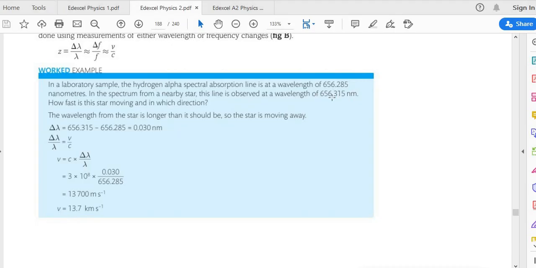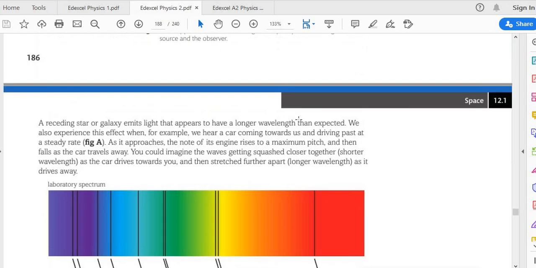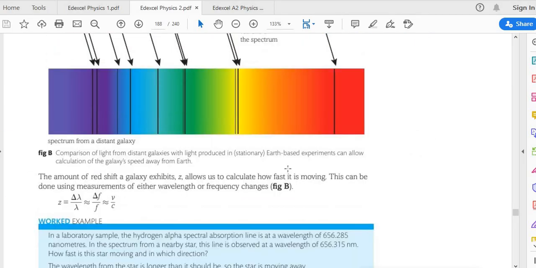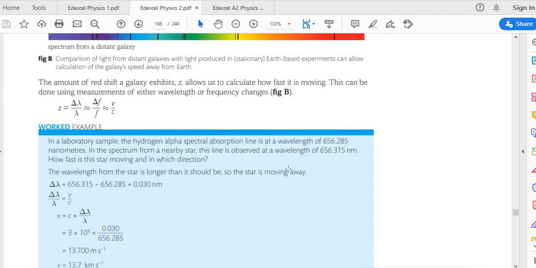The observed wavelength, 656.315, is greater than 656.285, the original wavelength, which means the star is moving away from us. The wavelength from the star is longer than it should be. You can imagine that the waves are stretched, so the observed wavelength is longer.